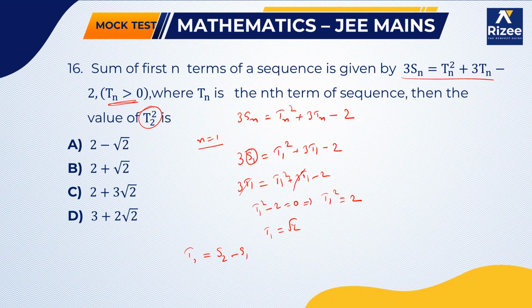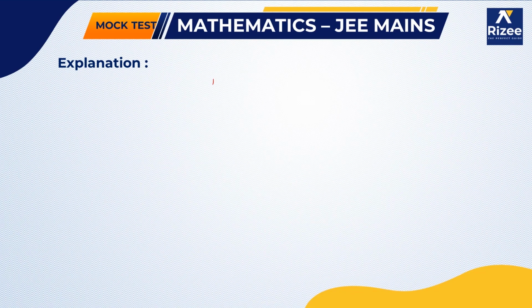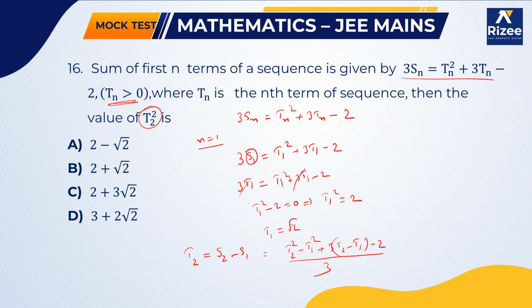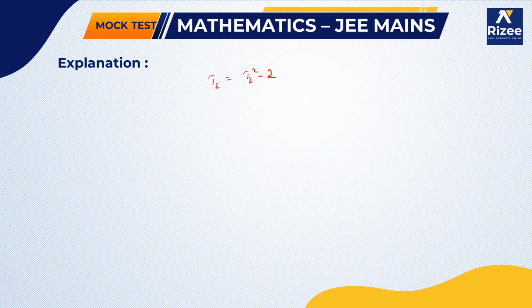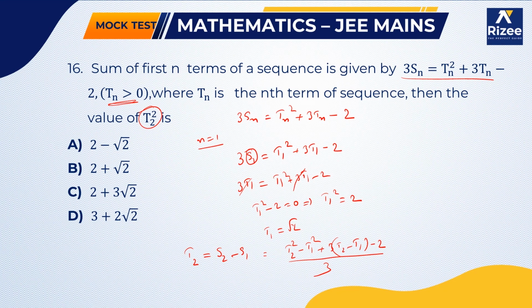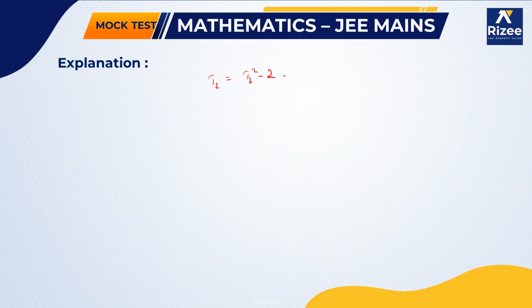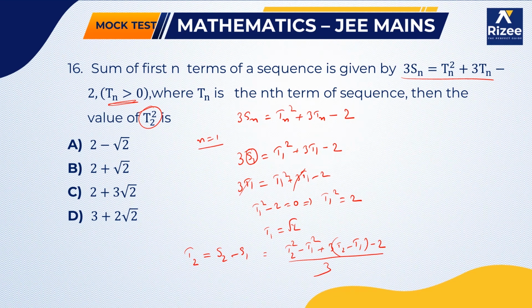So substitute: 3 times t2 equals t2 squared minus t1 squared plus 3t2 minus 3t1 minus 2 minus minus 2.